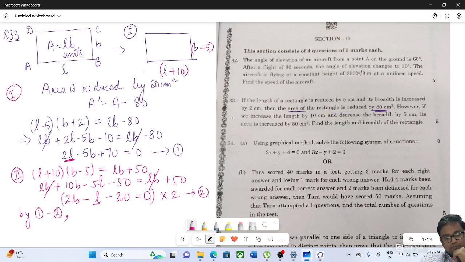So, if you are doing 1 minus 2 over there, then again it will be plus 2L, 3L. So, you have to add, right. So, 2L plus of minus 2L, because you can see this is a negative sign. 2 has been multiplied, that is the L term will cancel out, minus 5B plus 2B, that is minus 3B, addition has to be done here, and 70 minus, okay, one thing that we forget here, this will become 2 times 2 is 4, right.